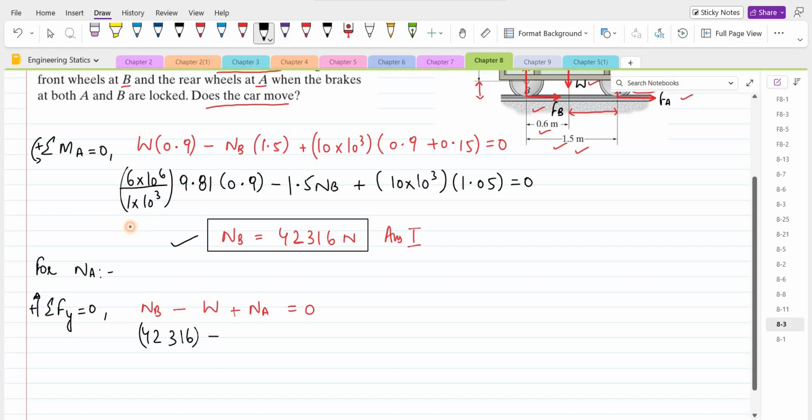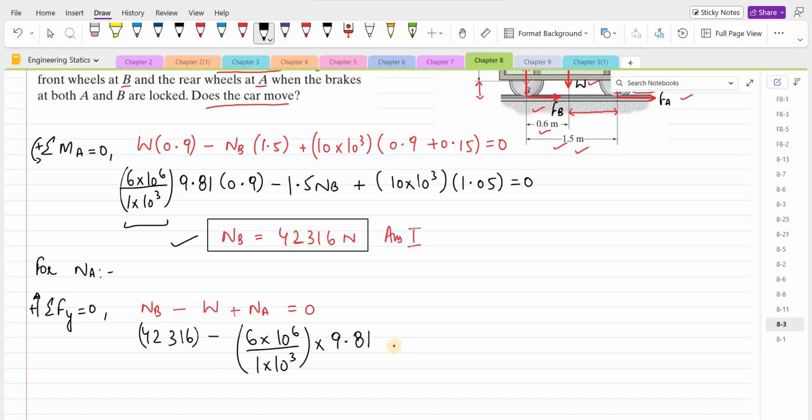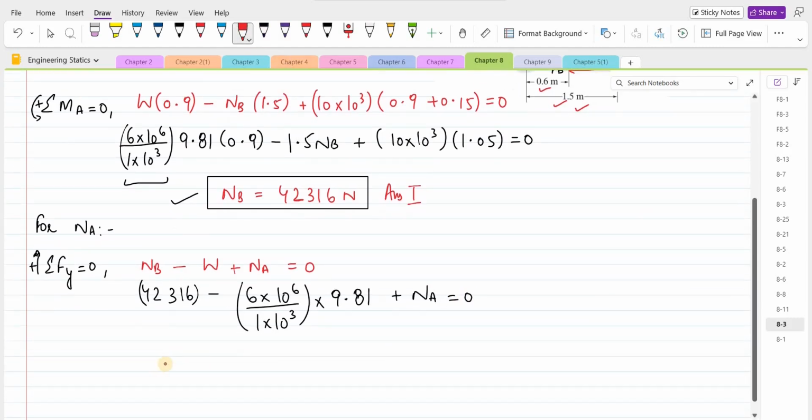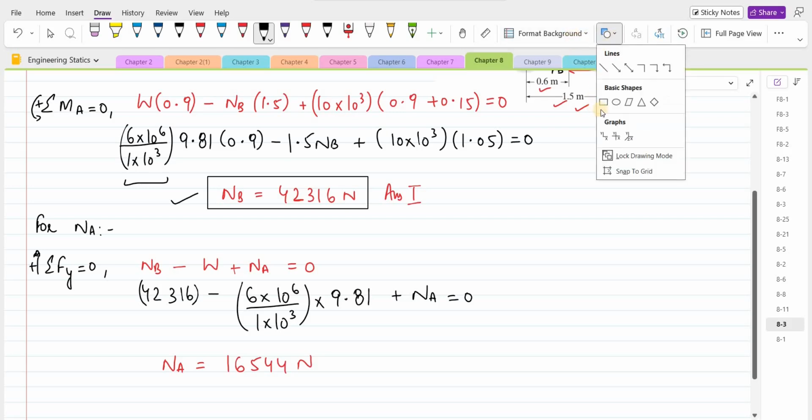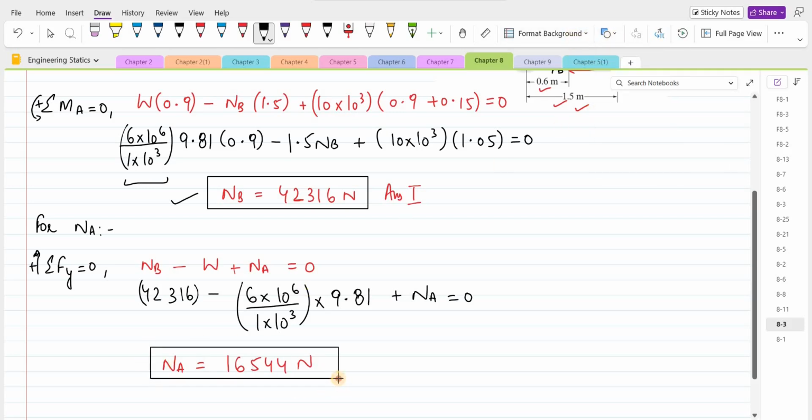This is the mass, 6 times 10 to the power 3, times 9.81, plus NA equals 0. Upon simplification, the support reaction NA comes out to be 16,544 newtons. So this is our second answer.